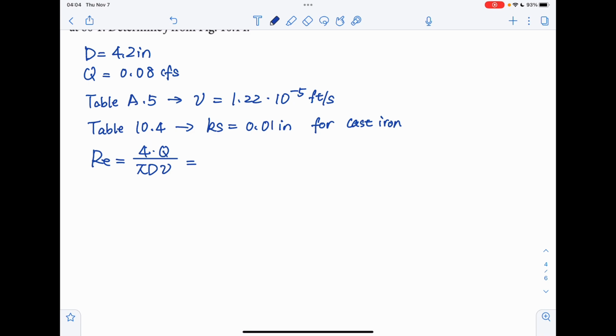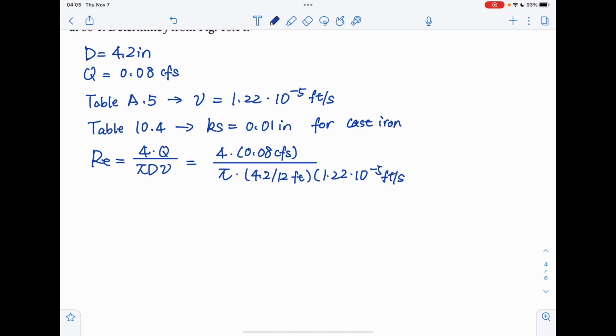So 4 times the Q, which is given as 0.08, times pi, times the D. We're going to convert the D from inch to feet, and divide by the viscosity, 1.22 times 10 to the negative 5.